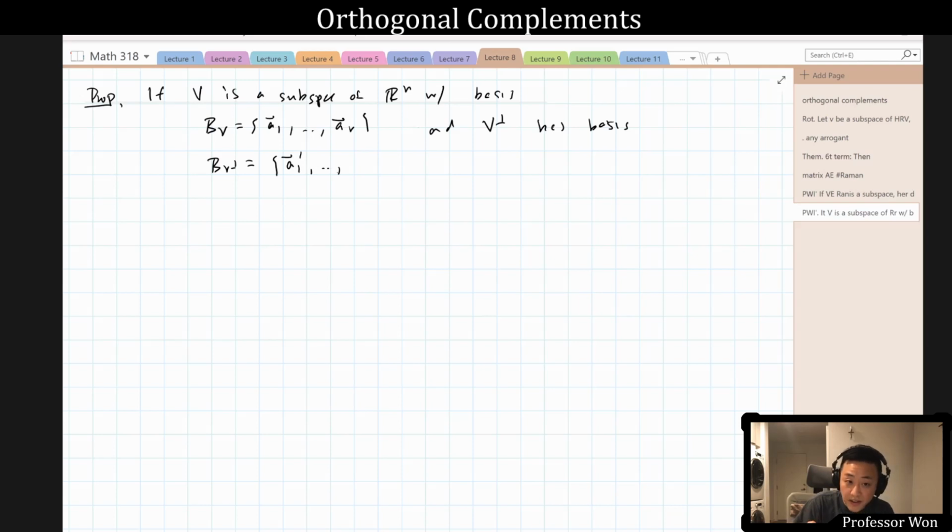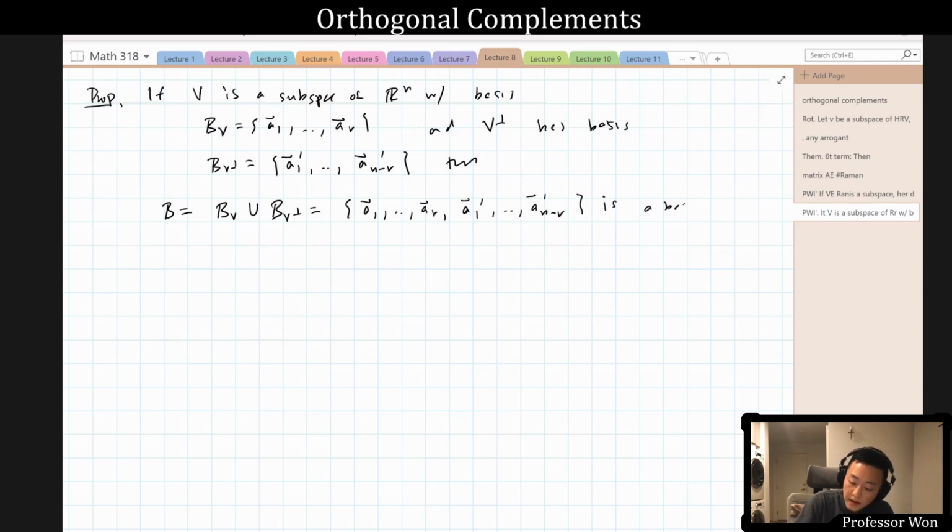We know how many vectors there are here because the dimensions need to sum to n, so there must be n minus r vectors in this basis. Then if I take the union of these two things and call it B, this is just, I take all the vectors in the basis for V, and I append all of the vectors in the basis for V perp, is a basis for Rn.